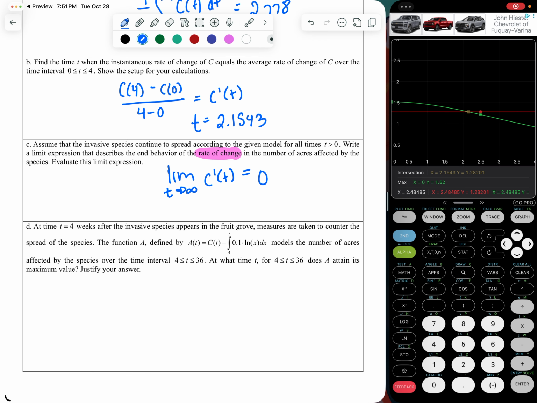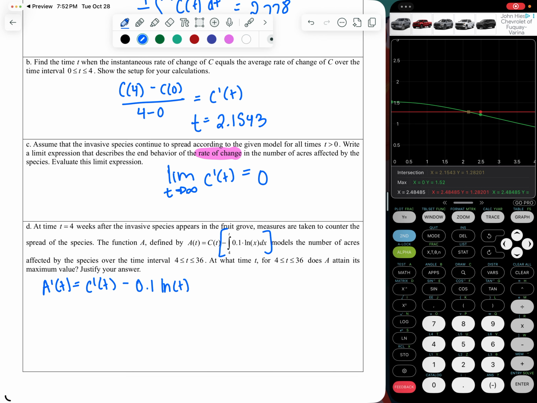So this is where FTC part 2 kind of comes into play, because whenever we take the derivative of this, we are going to get A prime of t is equal to C prime of t. And then at this point, because we are taking the derivative of this right here, that x just turns into a t, and then the derivative of t just becomes 1. So then we just get 0.1 ln of t.